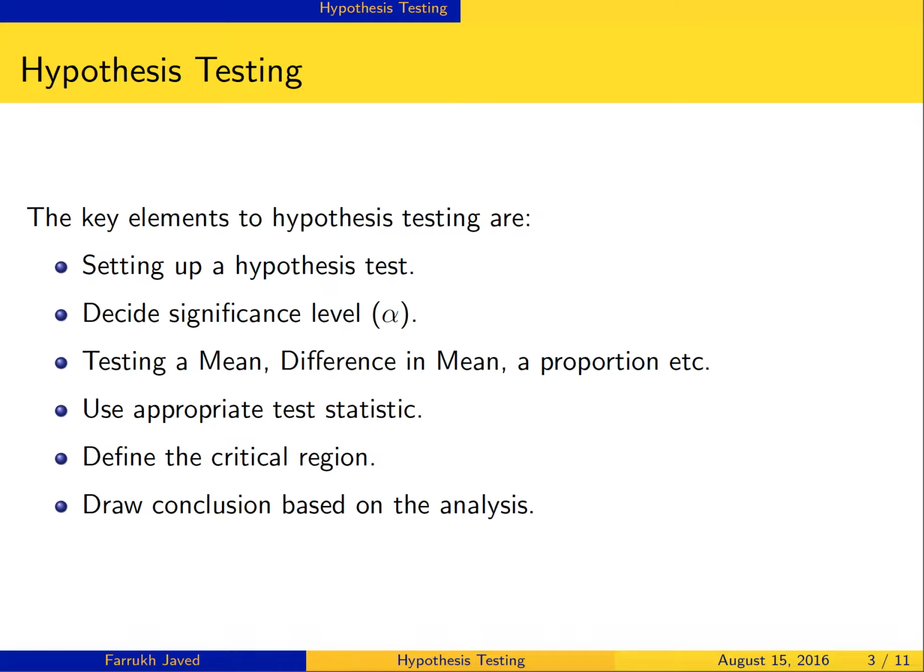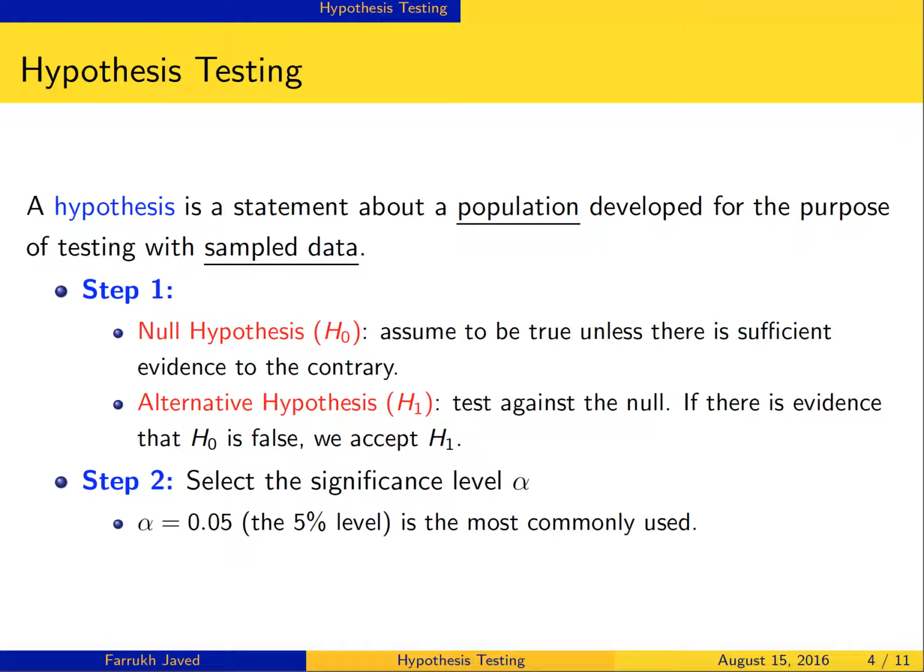We continue with some mathematical notations. So here is step number 1. A hypothesis, again with some definition, is a statement about a population. Well, we are actually targeting the population. We don't know the population actually, but we are going to assess properties of the population. But how do we do that?